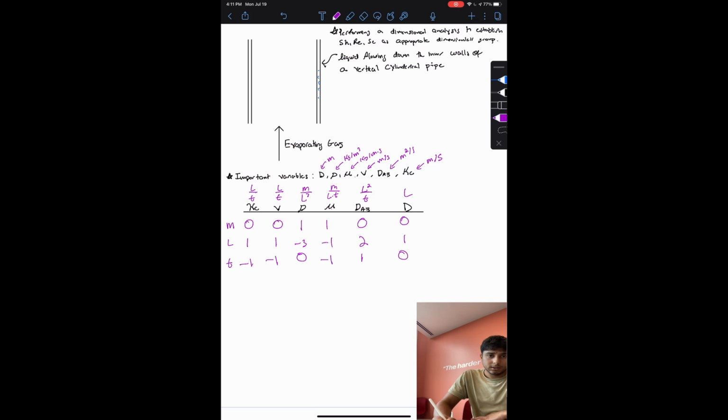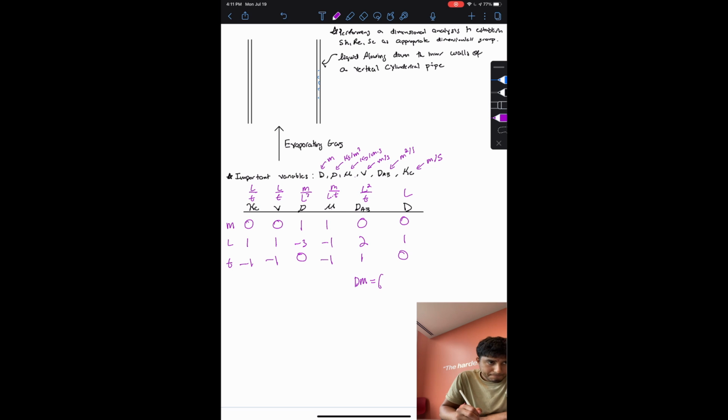Now that we found the dimensional matrix, we can put this into Python.